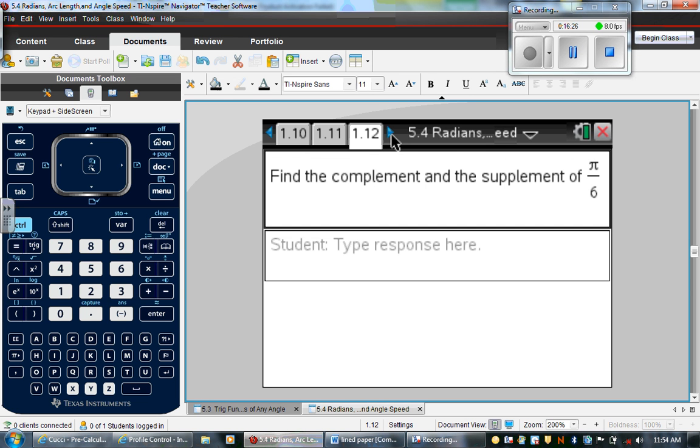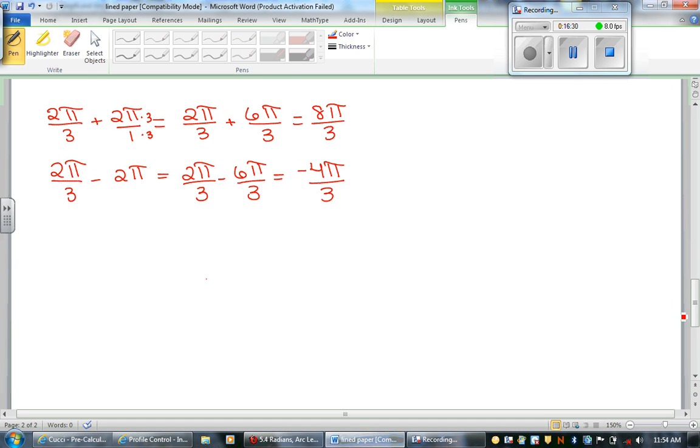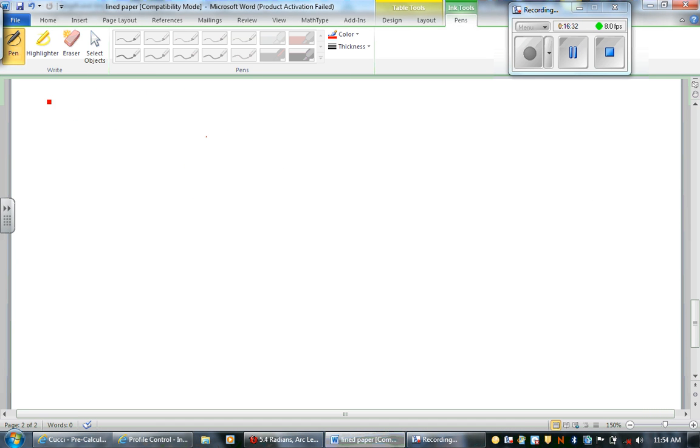All right, find the complement and the supplement of pi over 6. All right, so if we remember from last time, complement is our 90, and supplement is our 180.